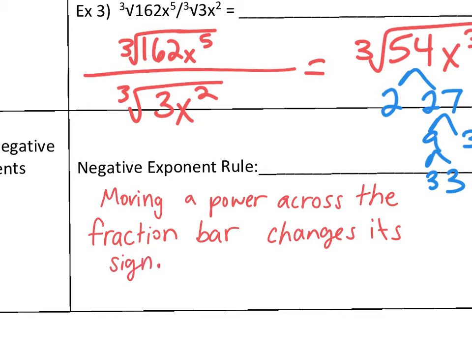So moving a power across the fraction bar just changes its sign. So for instance, if I had 1 over x to the -4th, I can just move that up and it becomes a positive x to the 4th.